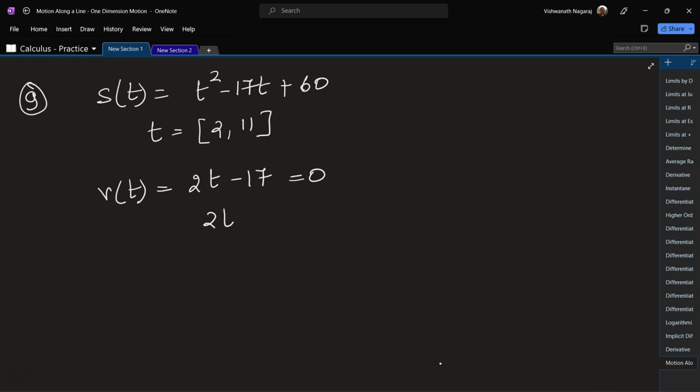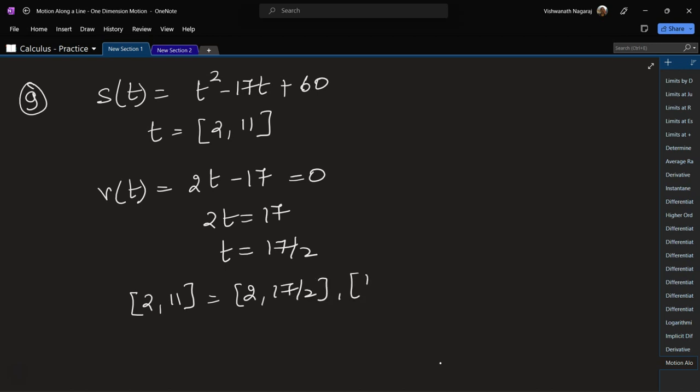So 2t equal to 17, t is equal to 17 by 2. Now, which means our interval 2 to 11 gets split into, because 17 by 2 is around 8.5, 2 to 17 by 2, and from 17 by 2 to 11.